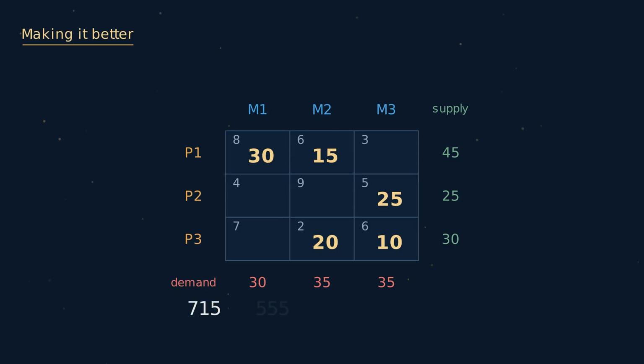Then you test again, find the next negative cell, and reroute again. 555, 485, 335, and there the test comes back clean. Notice where it stopped, exactly the plan the cheapest cell rule handed us in one pass. Same destination, 3 extra rounds of work.